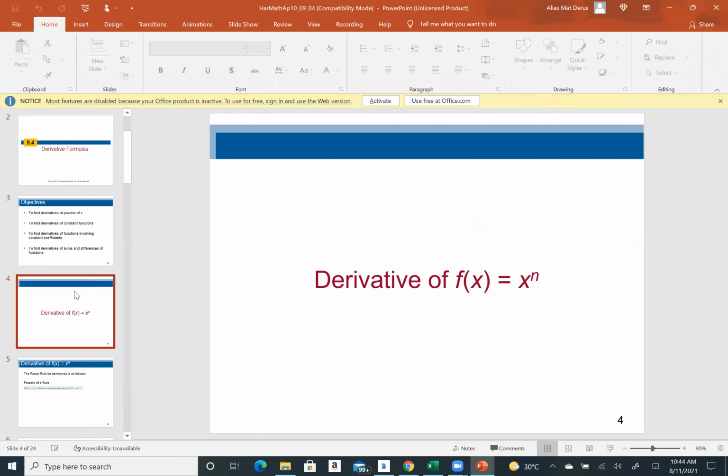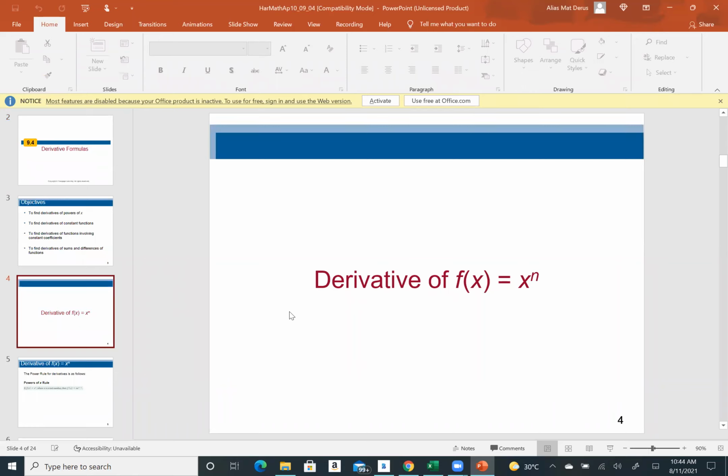Number 1. If you have a function x raised to the power n, where n is a real number, the n here is not an integer, n can be a real number. So this is called the power rule. It's a simple power rule.